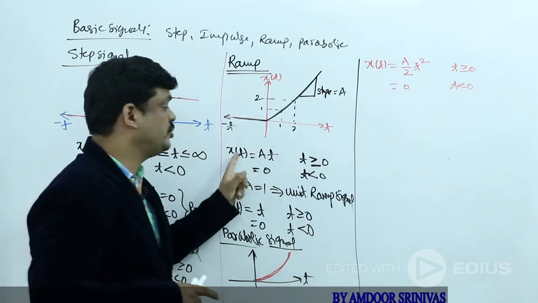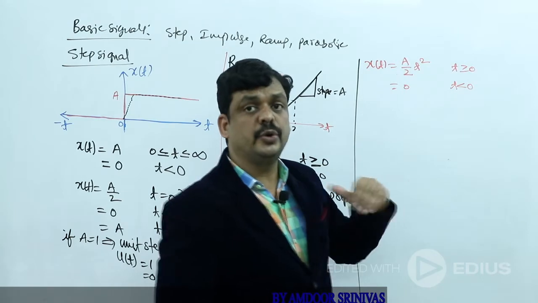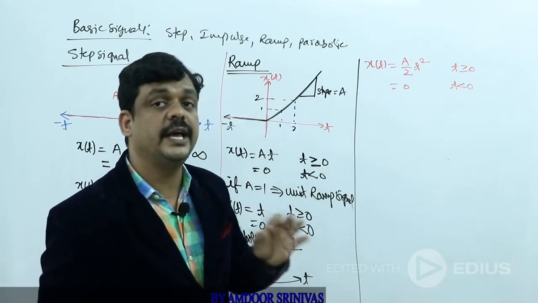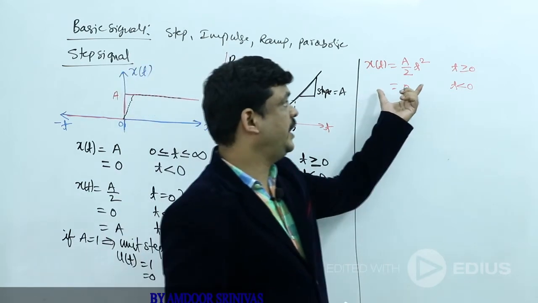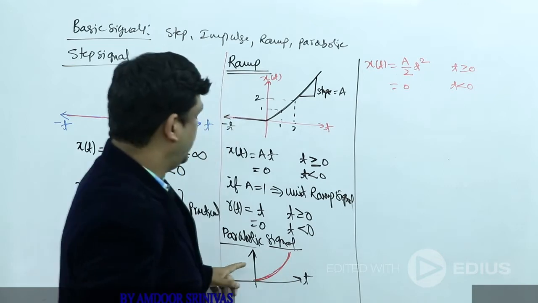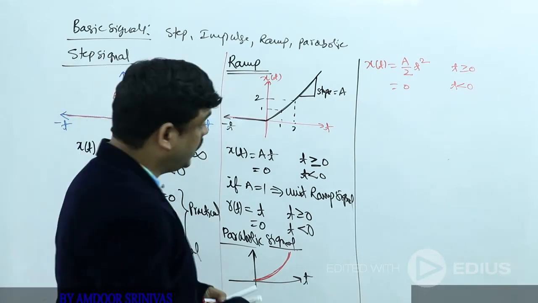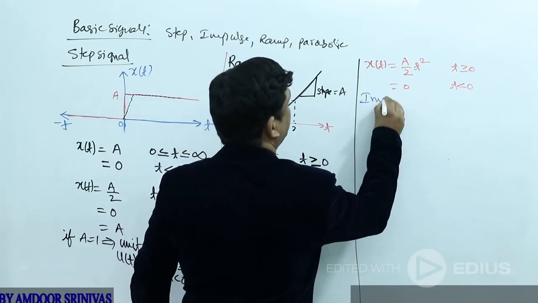If it is directly proportional to t, then it is the ramp function. If it is directly proportional to t square, then it is called a parabolic signal. So the parabolic signal is a non-linear function. This gives the functional representation, and this explains the graphical representation. And another important signal is the impulse signal.